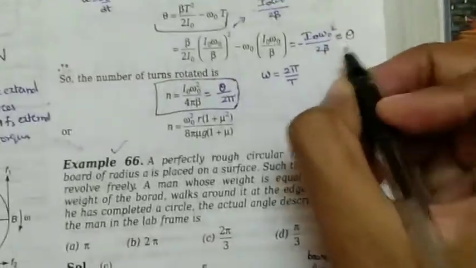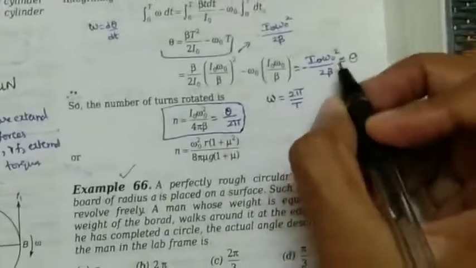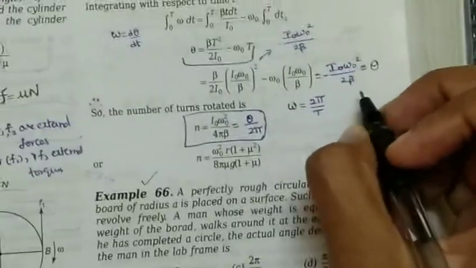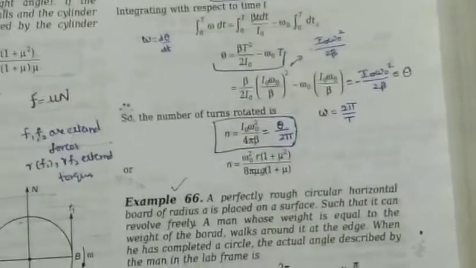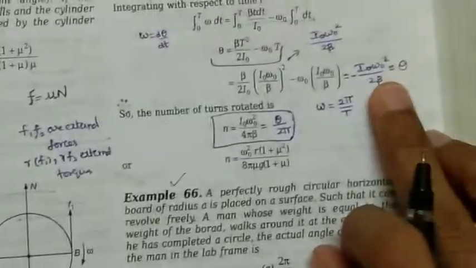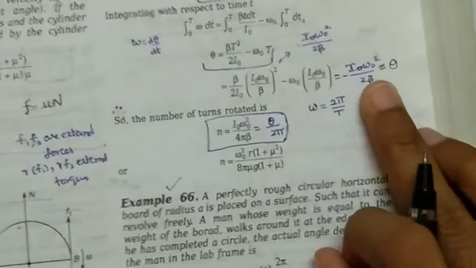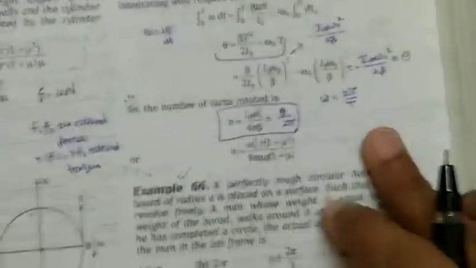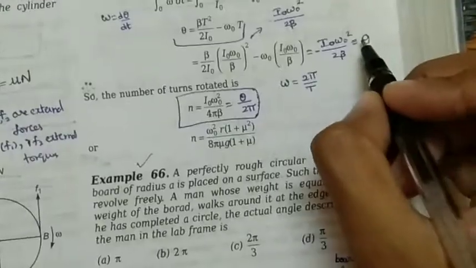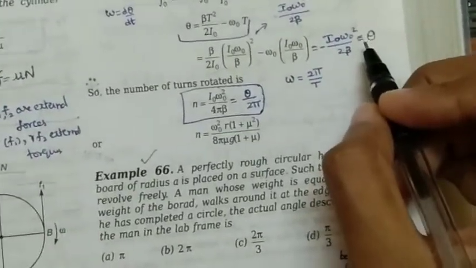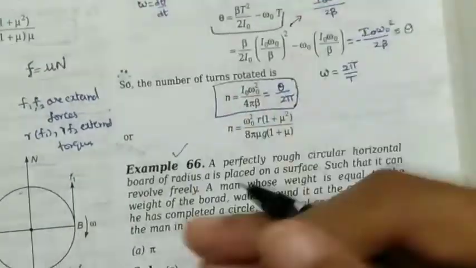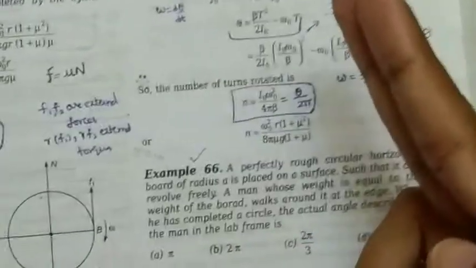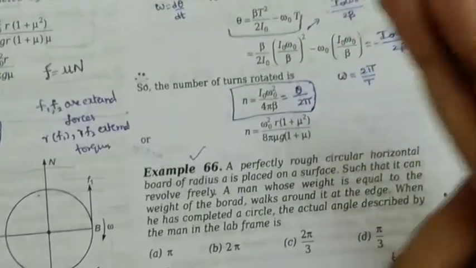Just like if the cylinder has rotated 720 degrees, 720 divided by 360 is 2, so it has rotated two rotations. So in order to find the number of turns it has rotated, we need to divide the entire equation by 2 pi. That means the cylinder has rotated 2 turns in such a manner.